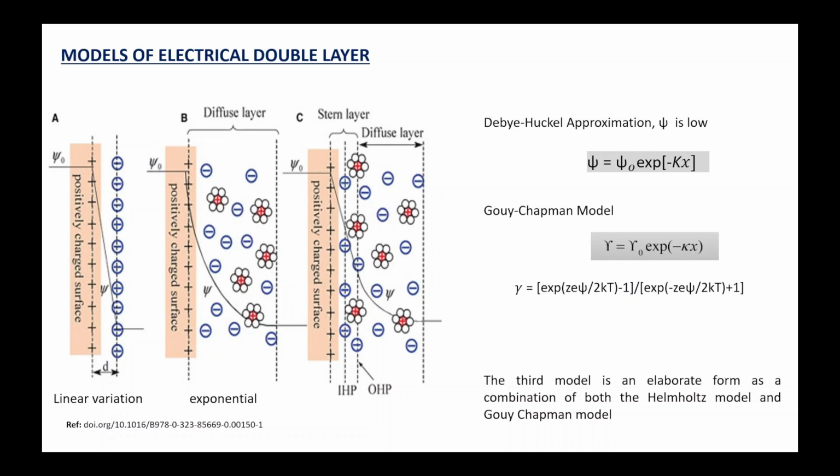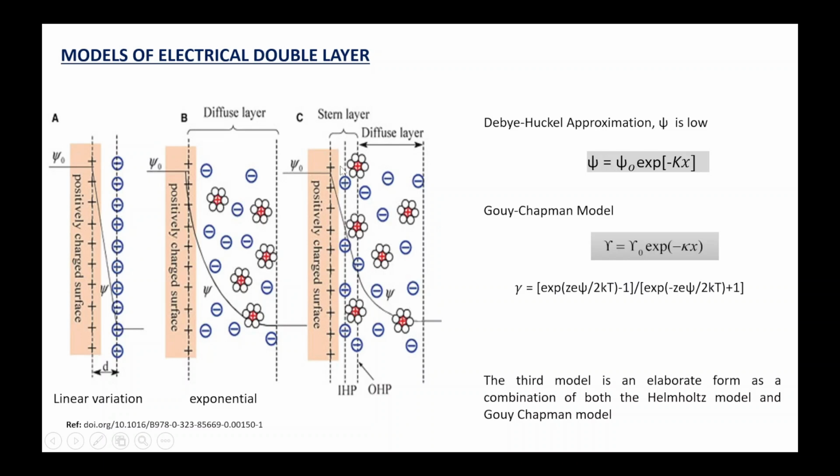Now, with these two models, you also have a third model, which is a more elaborate model for the electrical double layer concept. In that model, the incorporation is that it's just the combination of both the Helmholtz model and the Gouy-Chapman model.